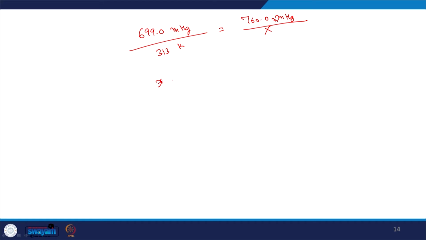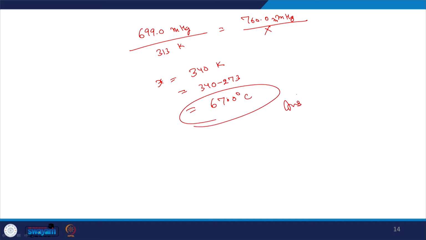So, upon solving, we get 340 Kelvin, or 340 minus 273, this comes out to be 67.0 degrees Celsius, and that is our desired answer.